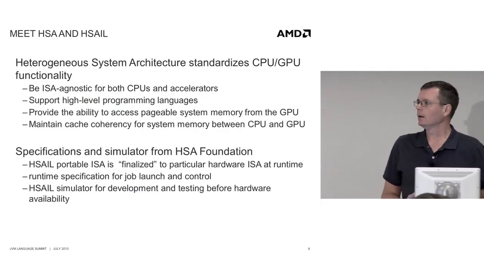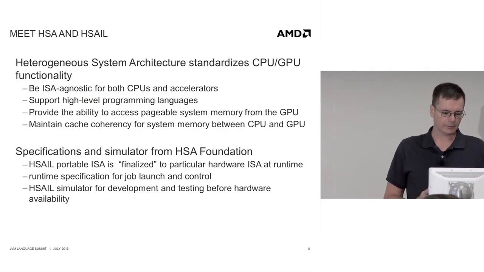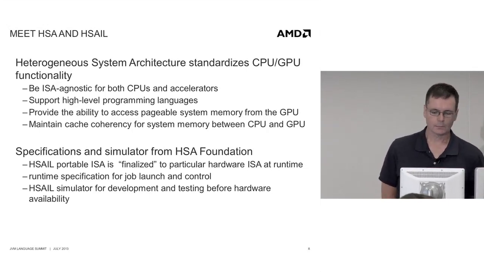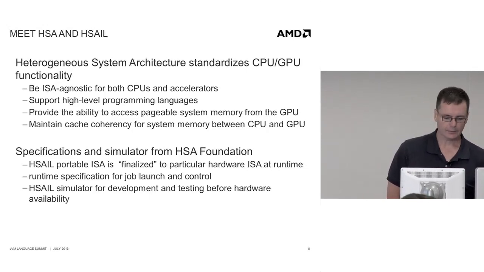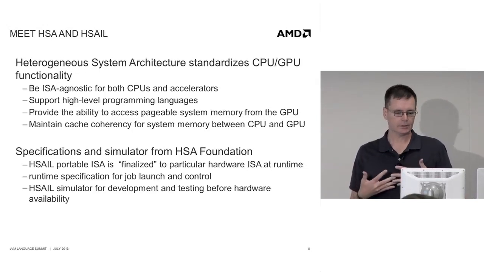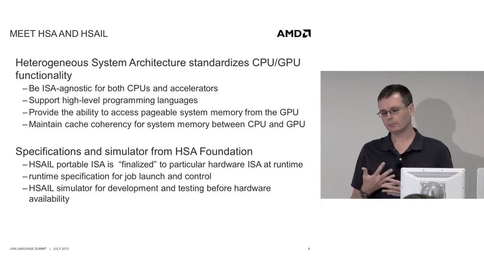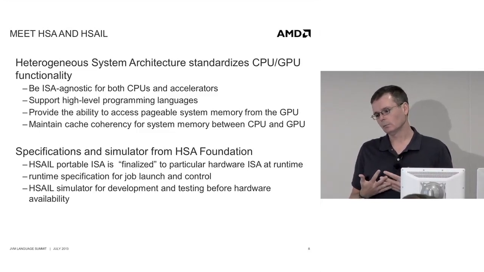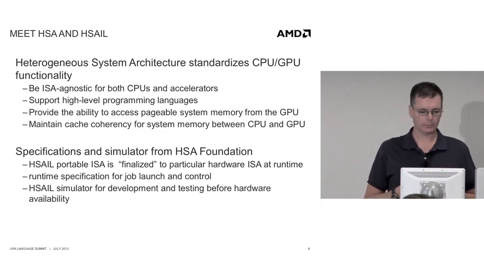So I want to explain a little bit more about the HSA. The intent of HSA is to be able to standardize the CPU-GPU interaction. There's a foundation that now includes AMD, ARM, Qualcomm, Samsung, and a couple other companies.